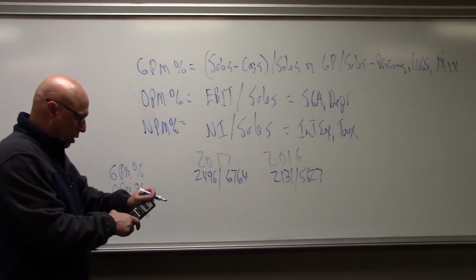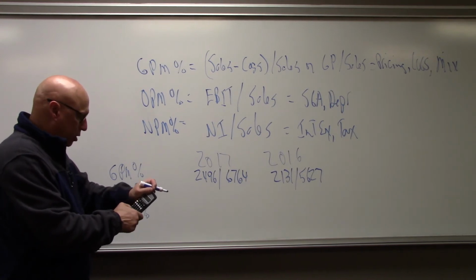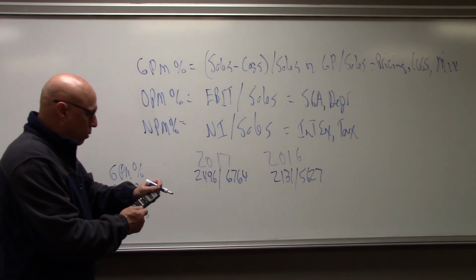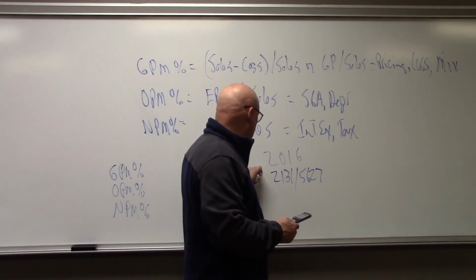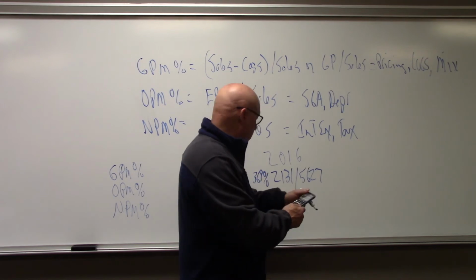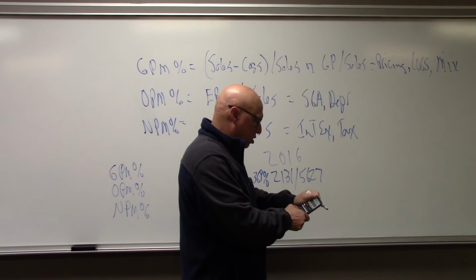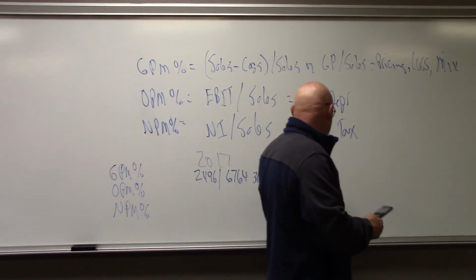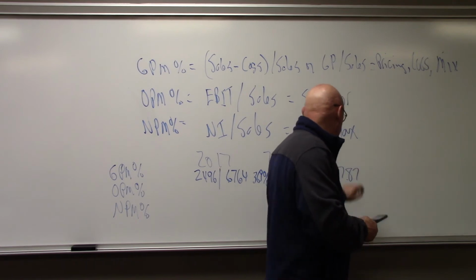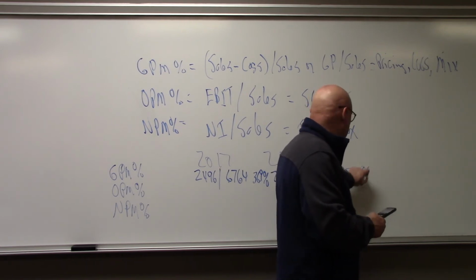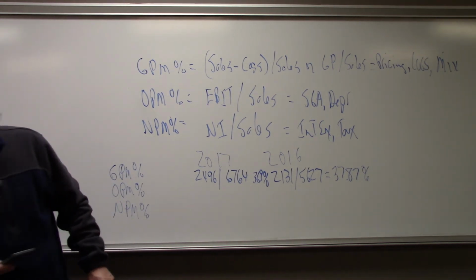Second future value, second CEC and CEC, and we got 24.96 divided by 67.64, and we have 36.9%. And then we have 21.31 divided by 56.27, and we have 37.87%. Now I'll let you do 15 and 14 on your own.